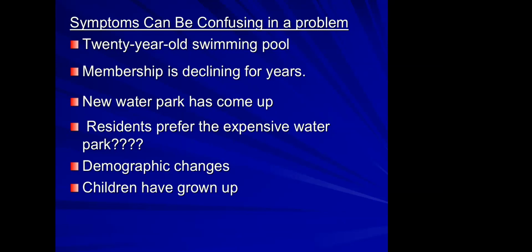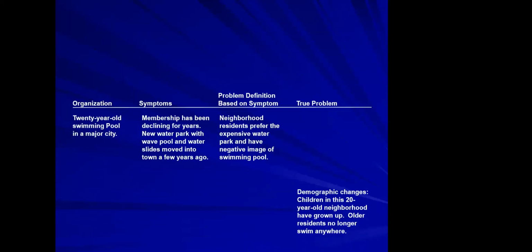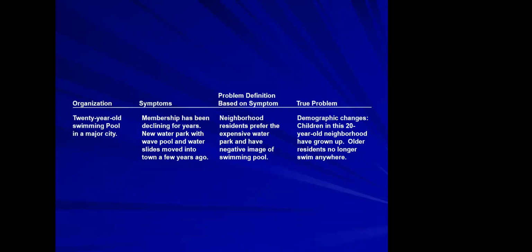Another clue that we have is that demographic changes are taking place. That means younger people are becoming older, and children in this area have grown up. Please look at the diagnosis. It says the organization is a 20-year-old swimming pool, and in spite of that, the membership has been declining instead of increasing.